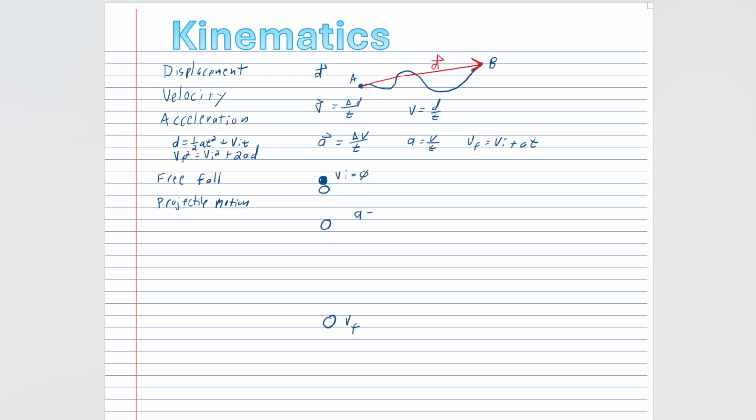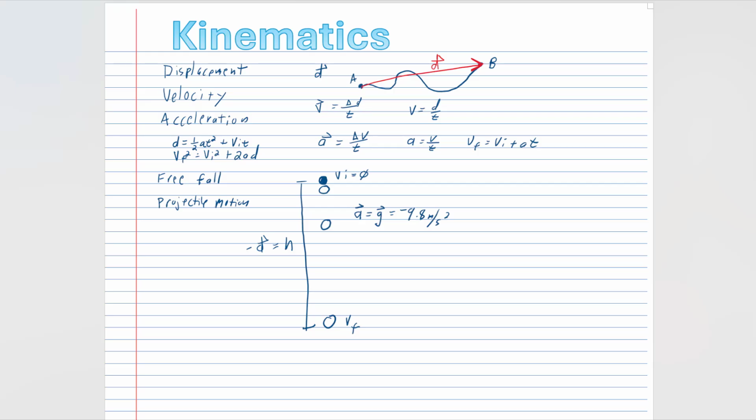And that acceleration is little g, and that's negative 9.8 meters per second squared. And then, of course, the distance that he falls is going to be equal to the height. And usually we write that as a negative distance.